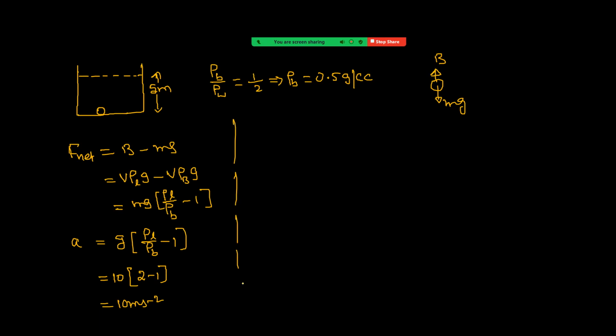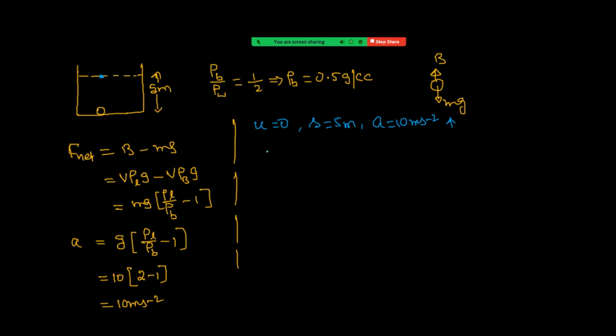Now the question is just like this: initial velocity is 0 because it is released from rest, displacement is 5, acceleration is 10 meter per second square upwards. By what time does it reach the surface of water?